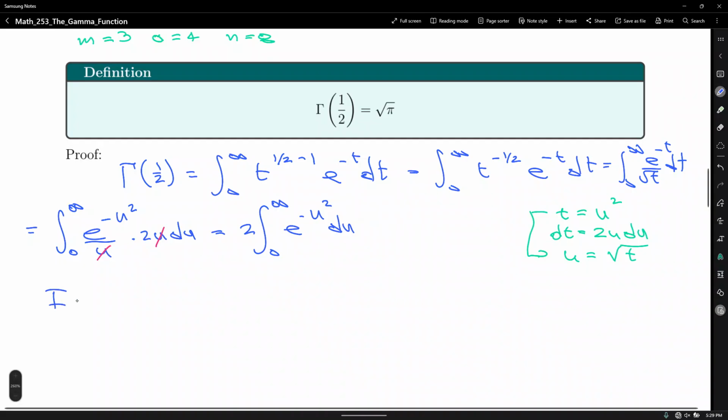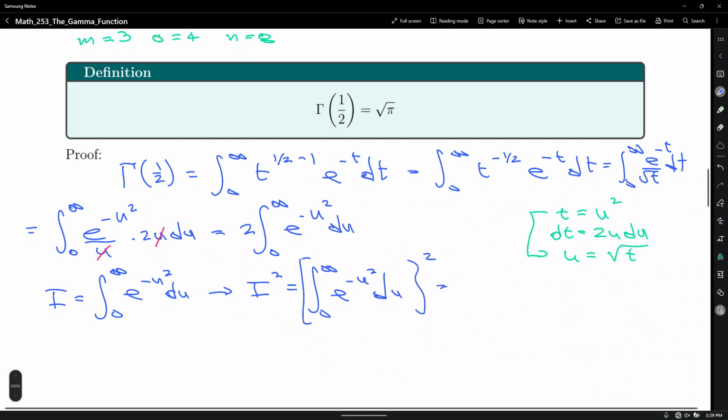Let I be simply the integral from 0 to infinity of e to the negative u squared du. Let's square both sides of that. So I squared equals the integral from 0 to infinity of e to the negative u squared du, quantity squared.